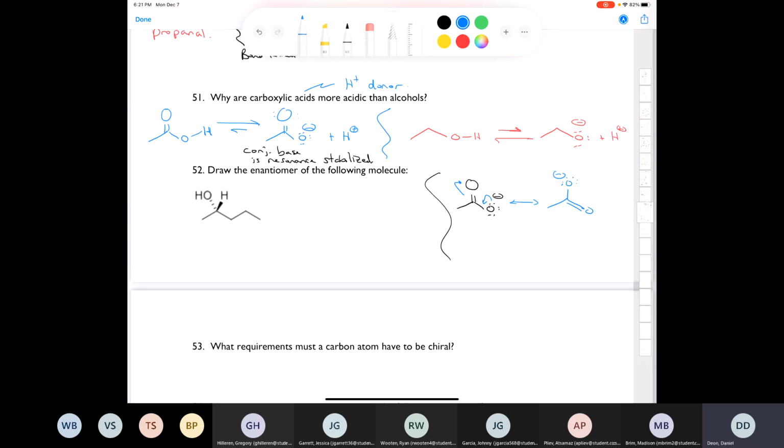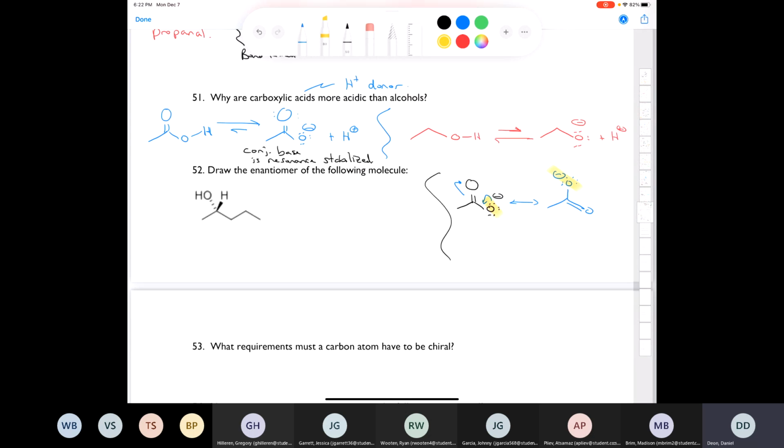If they can move, they will. The electrons that are making this oxygen negative in ethoxide are just stuck there. They can't go anywhere. Whereas the electrons on the acetate can move from here to here. So they have more space to move around, and therefore they're more stabilized. And that renders acetic acid a better donator of a proton.